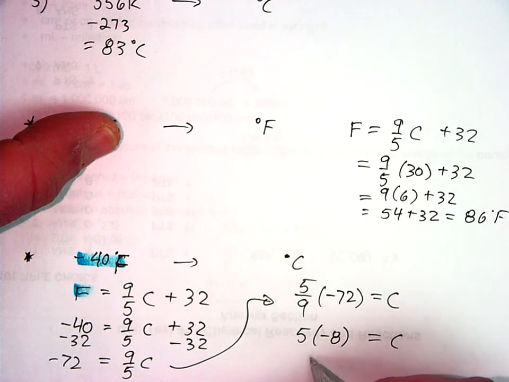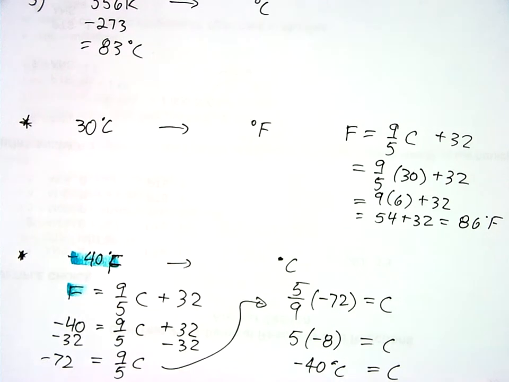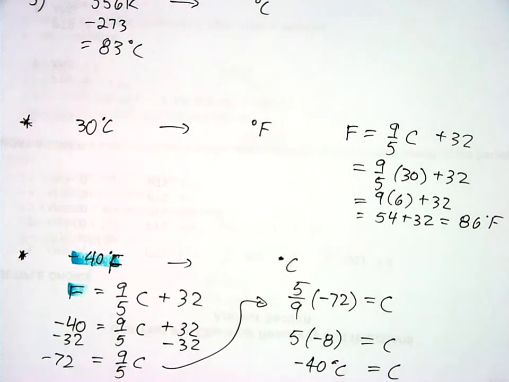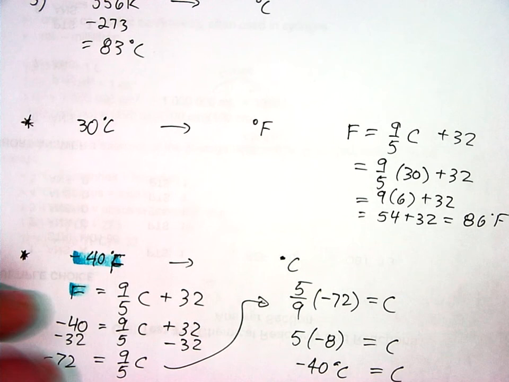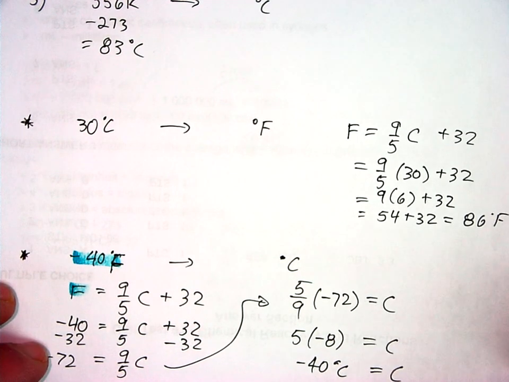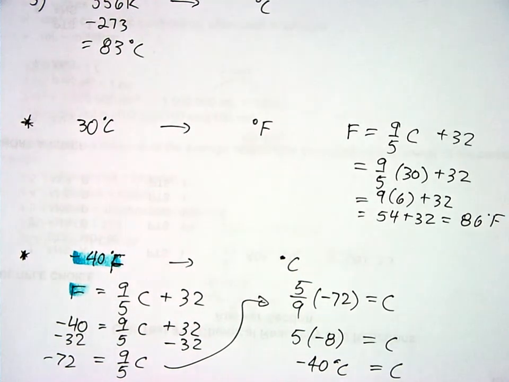And this turns out really kind of neat. It's also negative 40. And this is the one spot where both scales actually match, at negative 40. All right, so that shows us that it's true, and that is the end of our lesson.